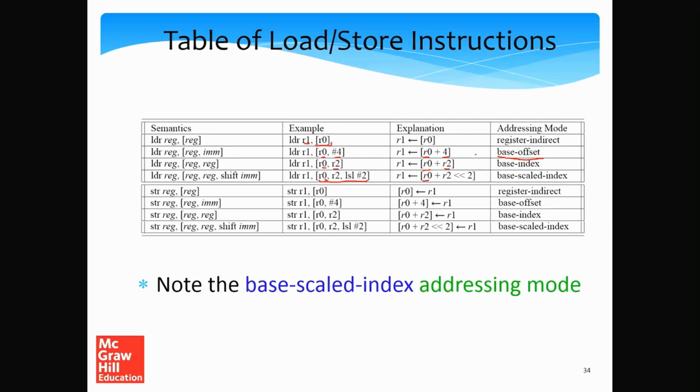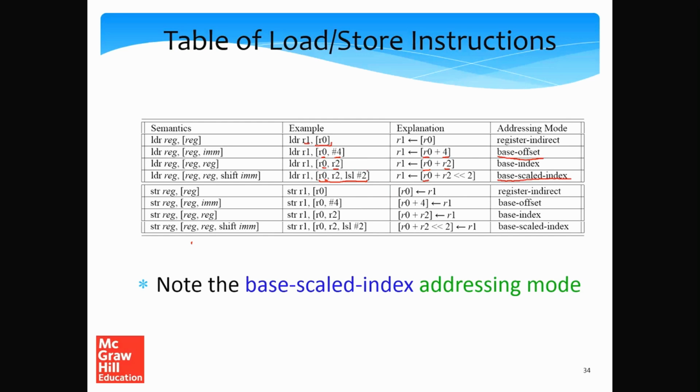In terms of bytes, if each element takes 4 bytes, they need to be accessed as 0, 4, 8 and so on. So we can take the sequence 0, 1, 2 and multiply it by 4, or left shift it by 2.